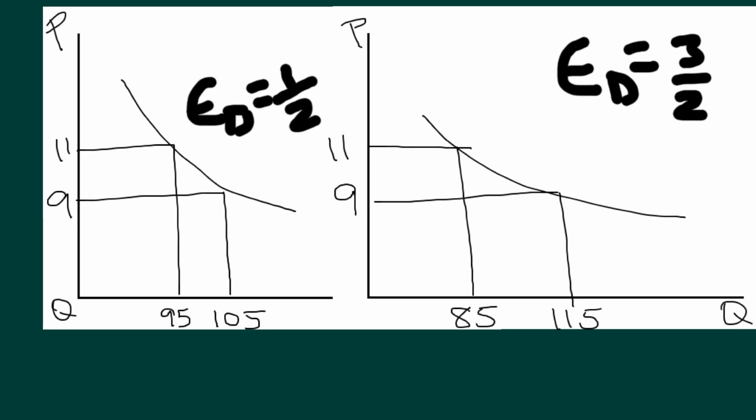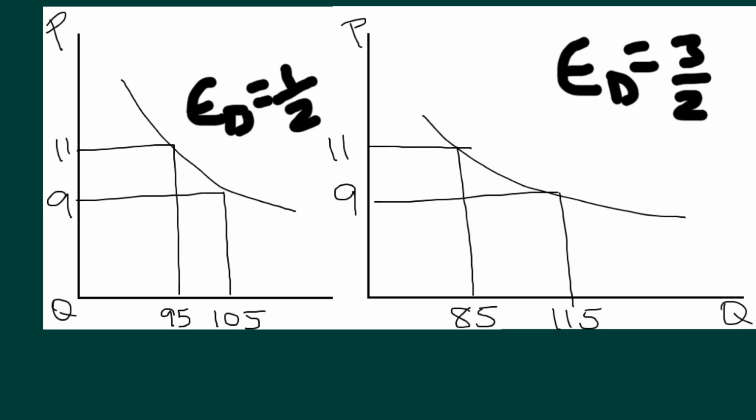There is one thing I forgot to mention with the calculation of elasticity. I made a point of telling you to keep things straight, the Q1, P1, Q2, P2, so that you would maintain the negative. And then I forgot to tell you that when I do this calculation, it actually calculates out to -1/2, and it actually calculates out to -3/2.